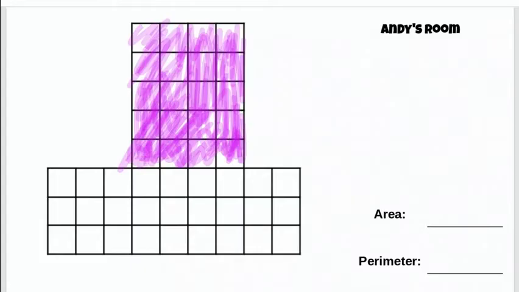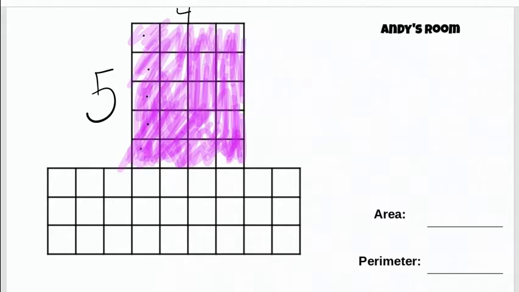So here I have one rectangular section that I found highlighted in purple, and it contains 5 rows, 1, 2, 3, 4, 5, with 4 in each row.